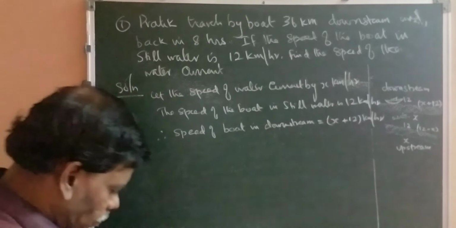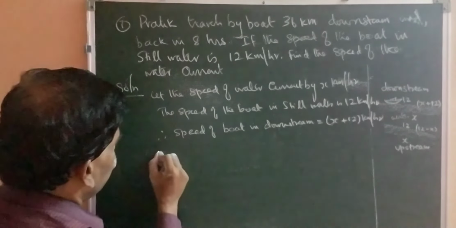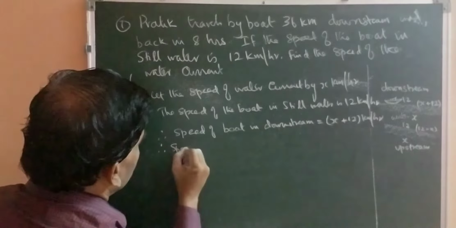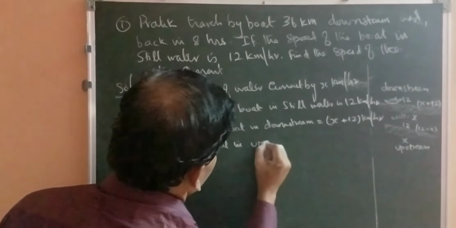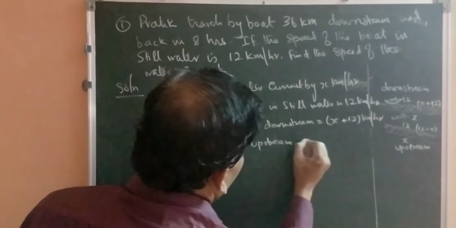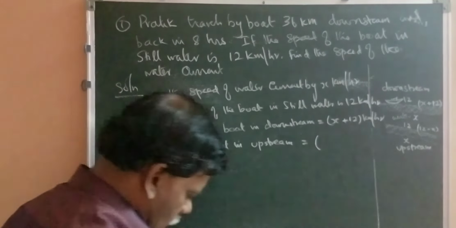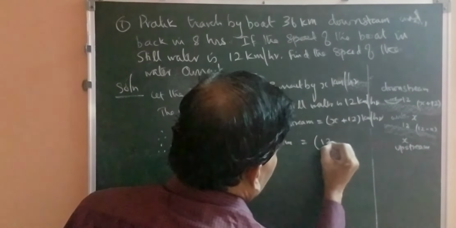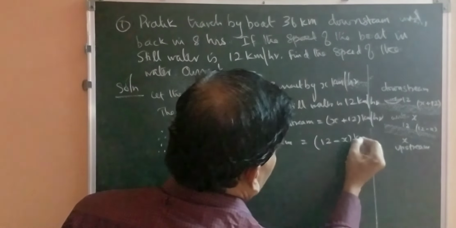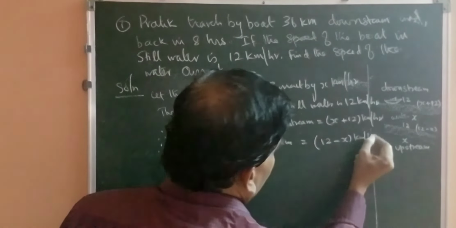Okay. Now, therefore, what is the speed of the boat in upstream? Naturally, 12 minus x kilometer per hour, because the speed of the water current will be subtracted from the speed of the boat.